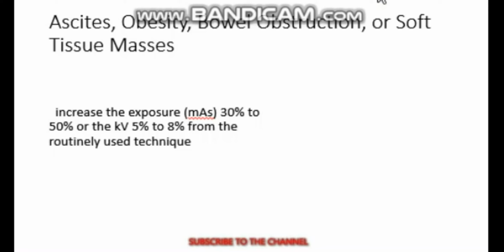This is because sections of the abdomen that normally contain gas or fat do not, resulting in an increase in the density of the soft tissue. So to compensate for this situation, you increase the exposure mAs 30 to 50%, the kV 5 to 8% from the routinely used techniques before the projection is taken.